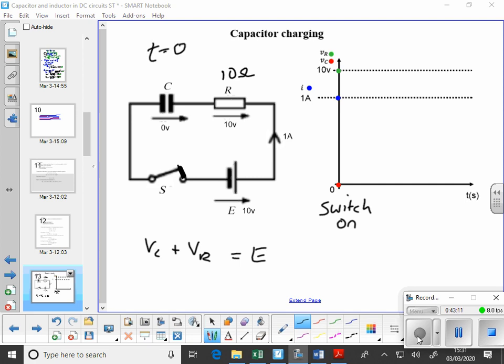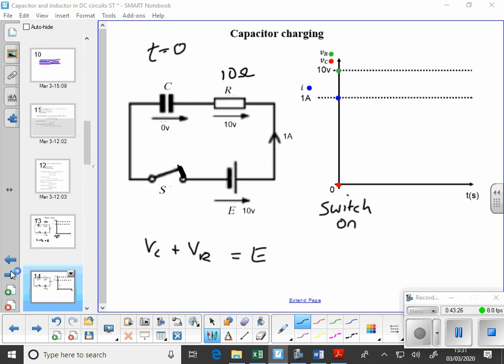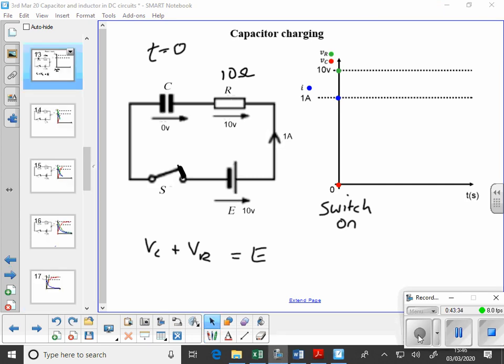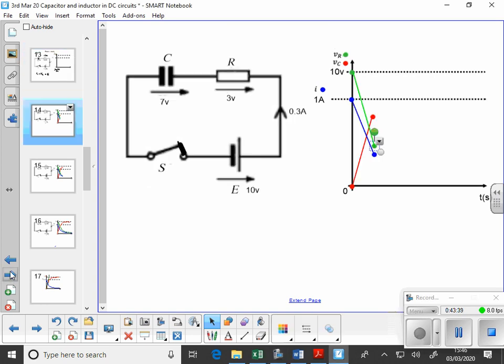Yep, all happy with that. So if we move on in time a little bit, no particular amount of time at this stage, let's say we've moved on to the point where there's 7 volts across the capacitor.